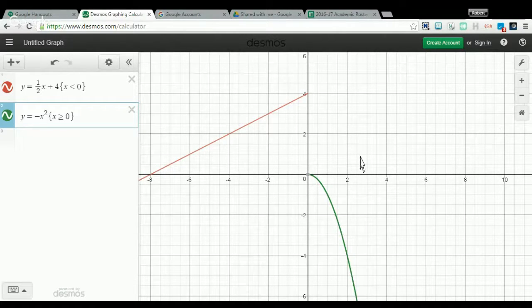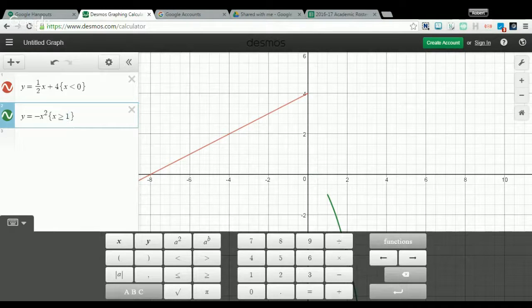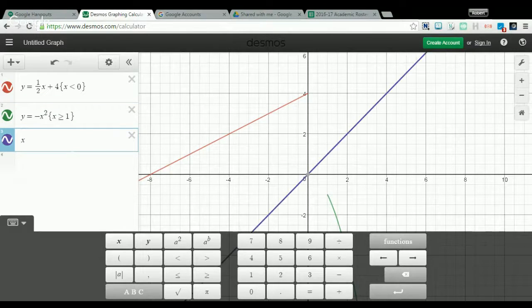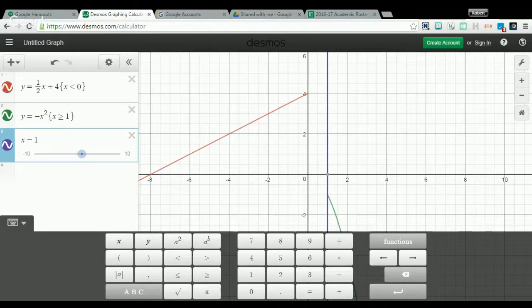I could move where it starts by changing this number from 0 to 1. So now it would start where x is 1. See, this is where x is 1 right here. Let me show you the line where x equals 1. So it starts right there at 1.